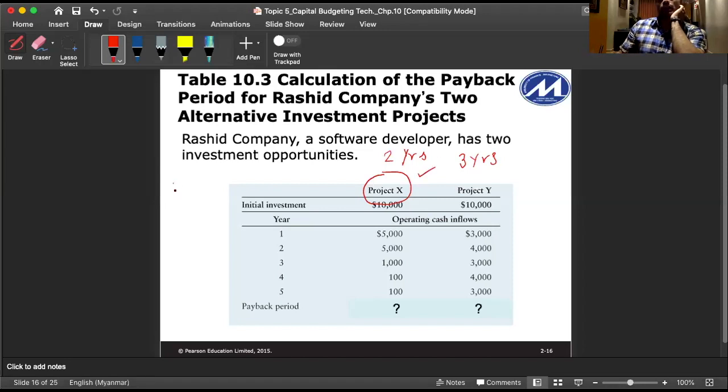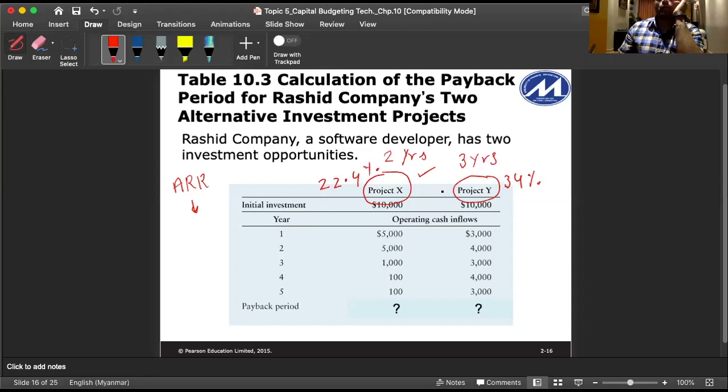So can you calculate ARR and tell me, according to ARR, which project we should select? Project X, 22.4%, project Y, 34%, right?